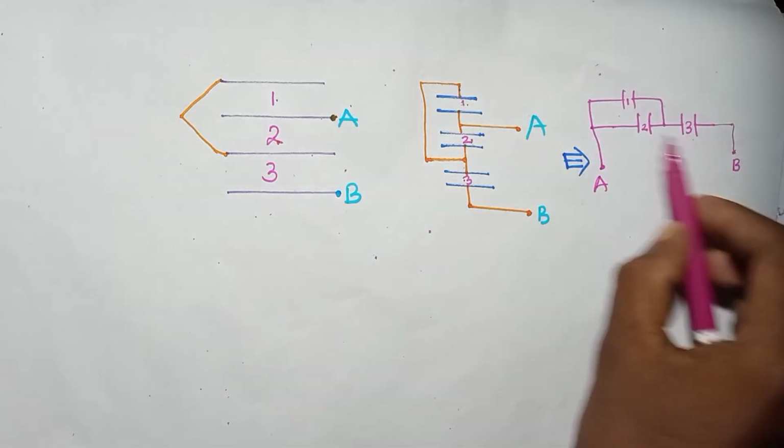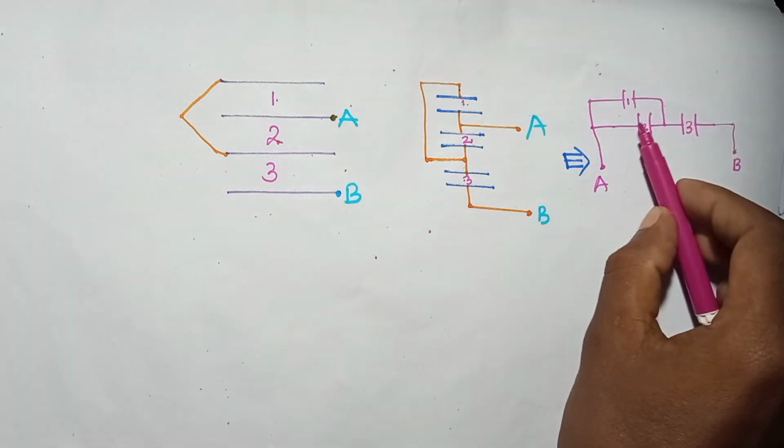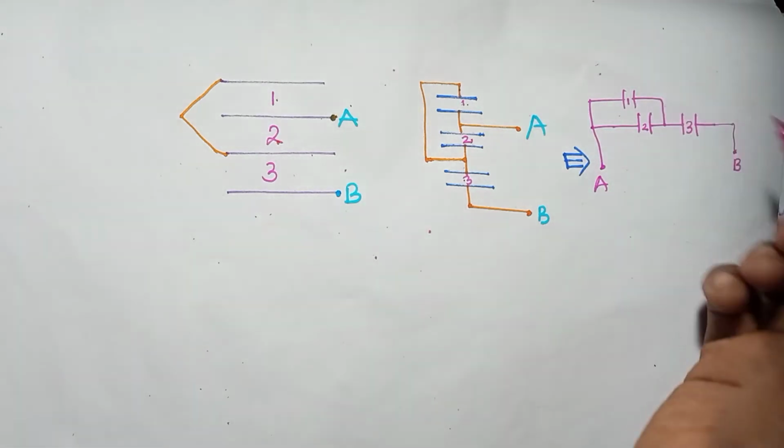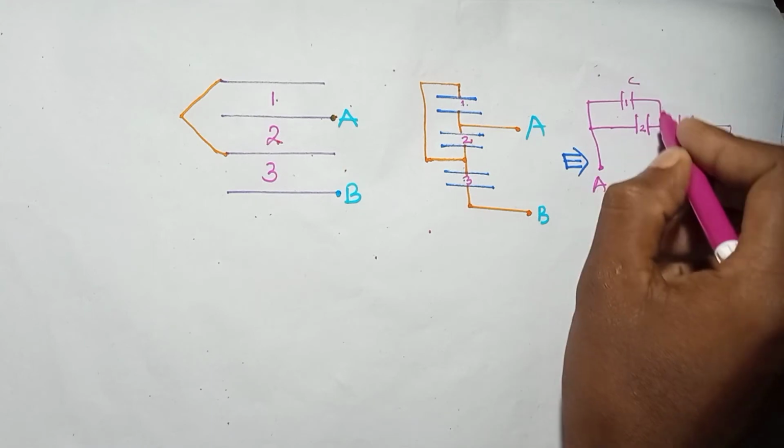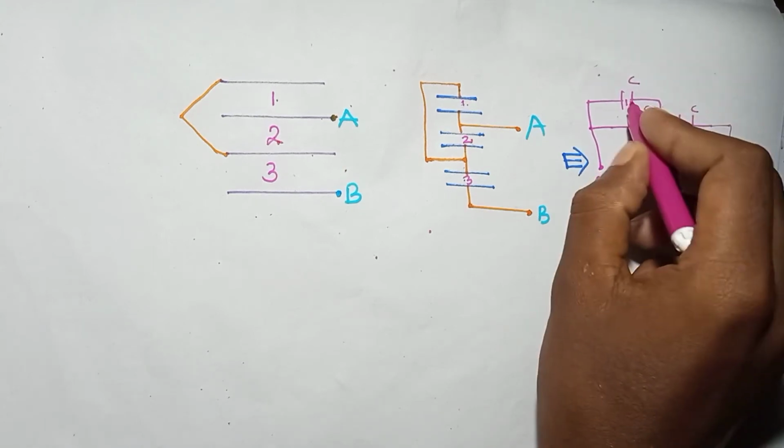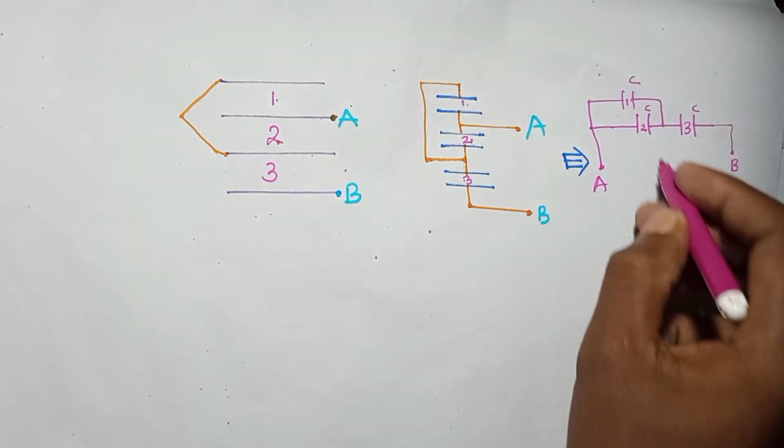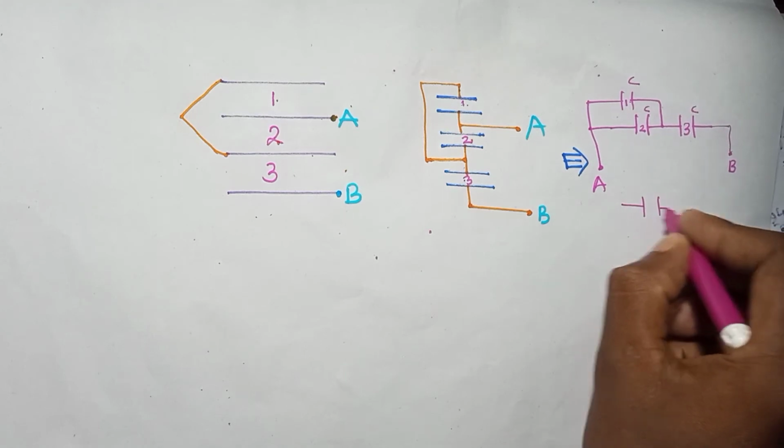So after redrawing their equivalent circuit, we can find out their equivalent capacitance. Let's say each of them has a capacitance of C. These two are in parallel, so their equivalent capacitance will be how much?